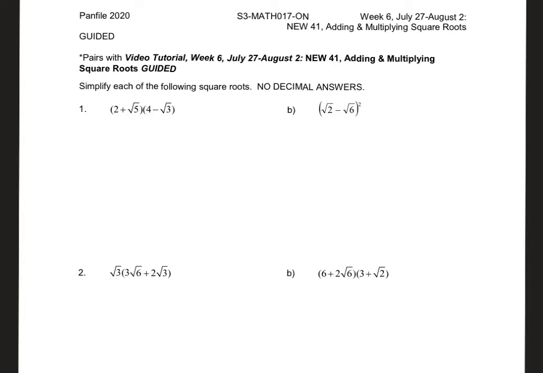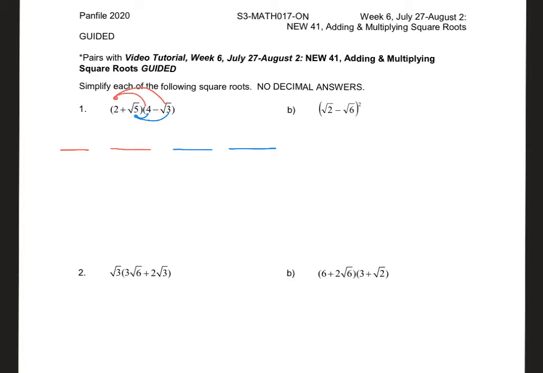So we need to double distribute this, and we start with the 2. So the 2 goes out to the 4, and it goes out to the root 3. So basically I get 2 from there, and then I'm going to come back and do it here, and I get 2 from there. Okay, hopefully I'll be able to simplify, but maybe not. And when I say simplify, I mean combine like terms.